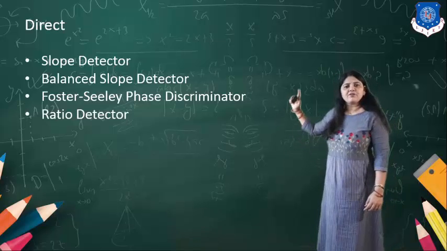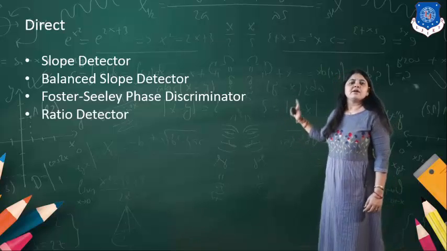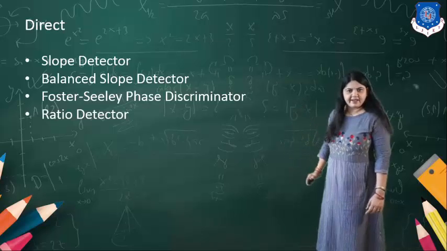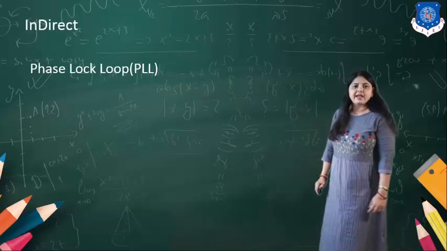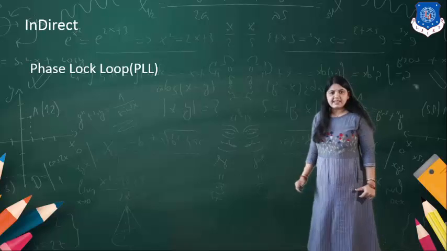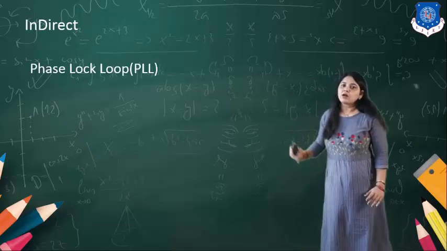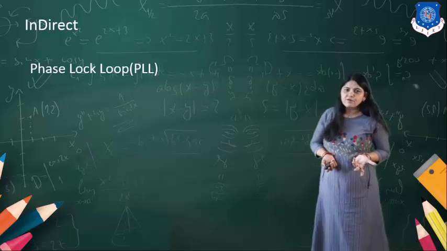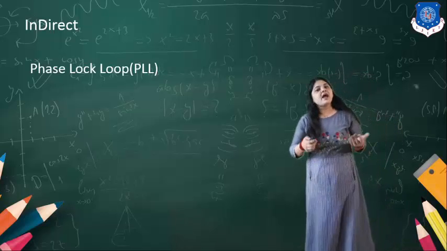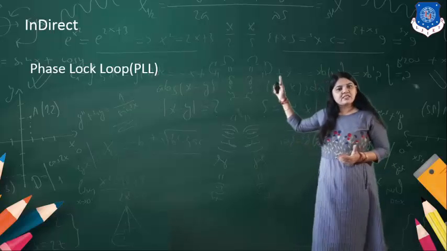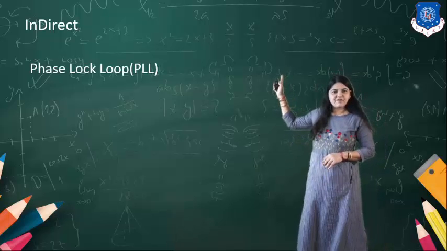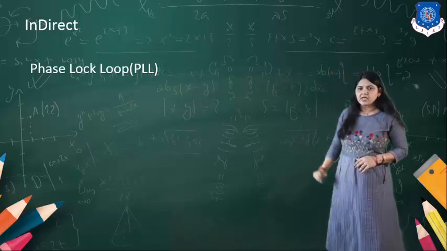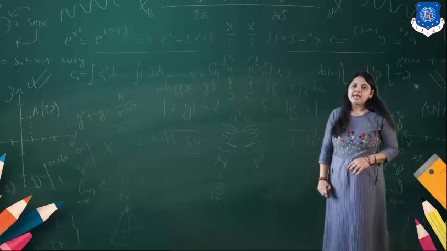So these are the various demodulation techniques. And the indirect method is the phase locked loop. Similarly, as we learned in FM generation that the Armstrong method is part of indirect FM, over here it is the PLL.